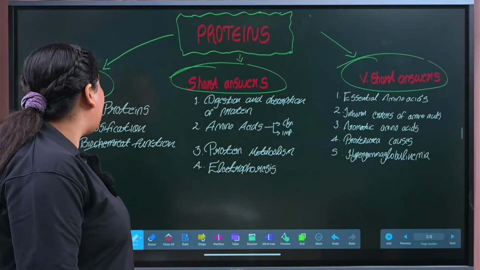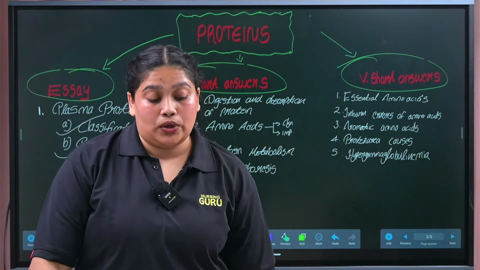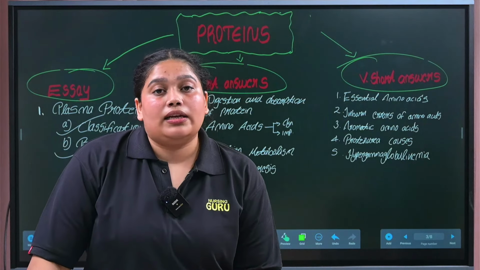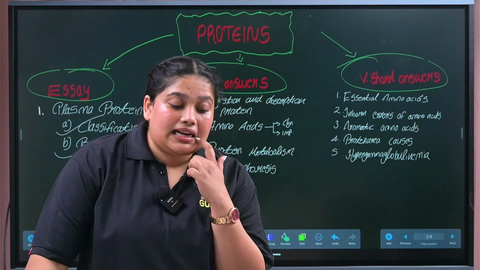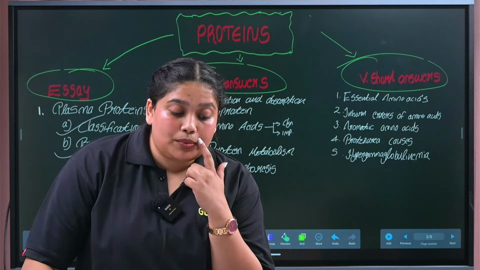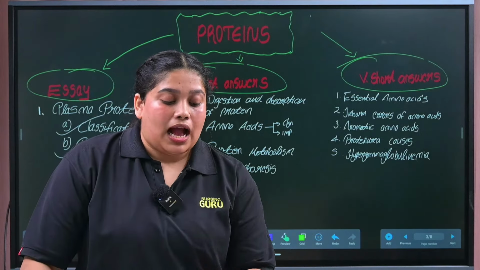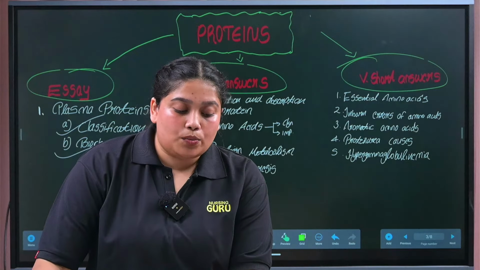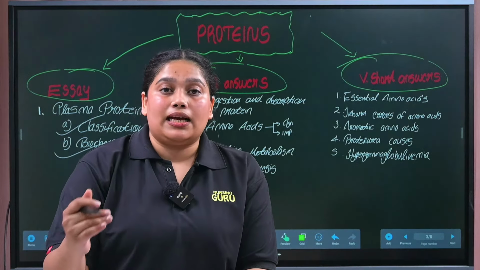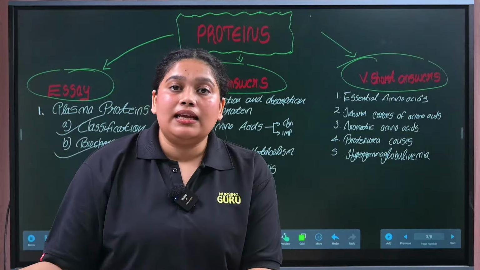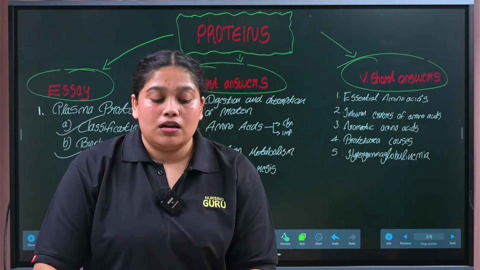First you have to define what is a plasma protein and then only go for the classification. After definition, there are classifications such as albumin, alpha-1 globulin, alpha-2 globulin, beta globulins, fibrinogen, like that. So write down the names and elaborate each type in a paragraph. So you will get the score.